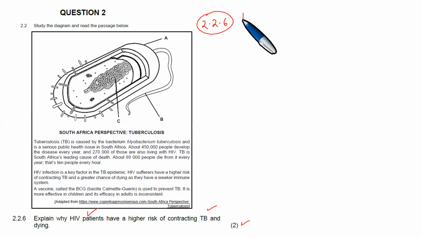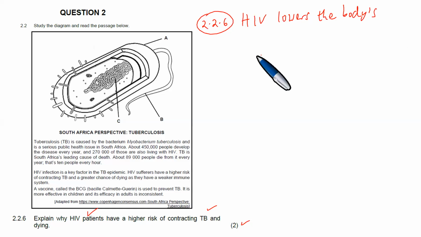HIV lowers the body's immunity. We agree that a person who has HIV has a weak immune system.